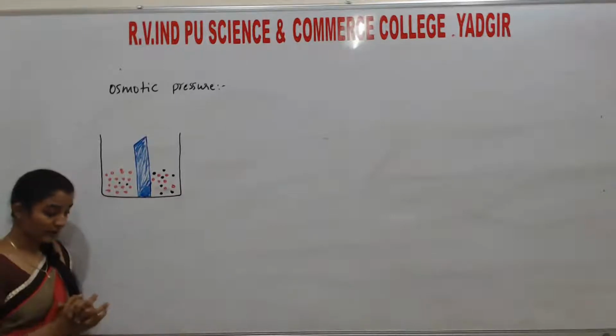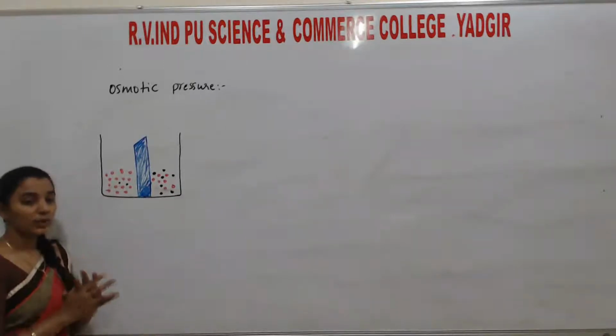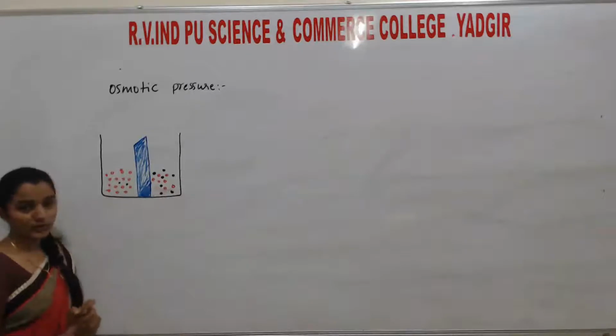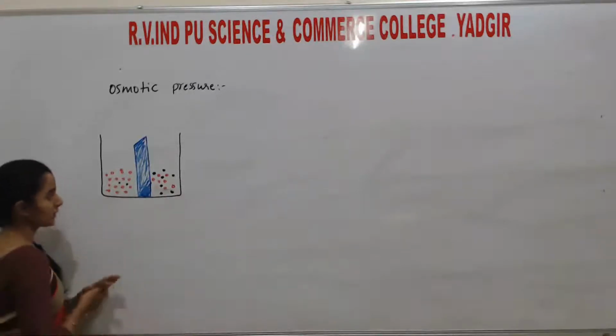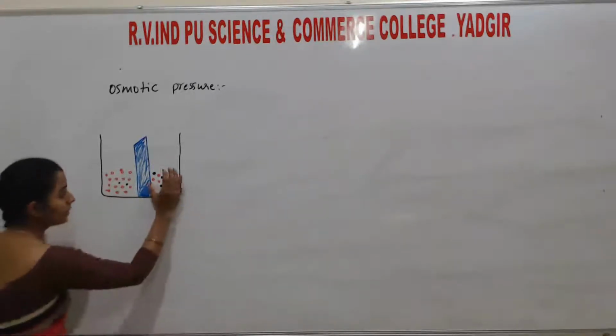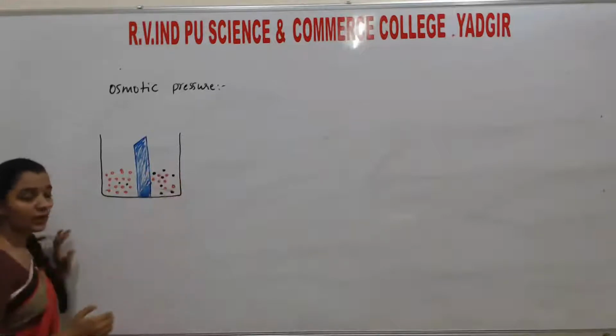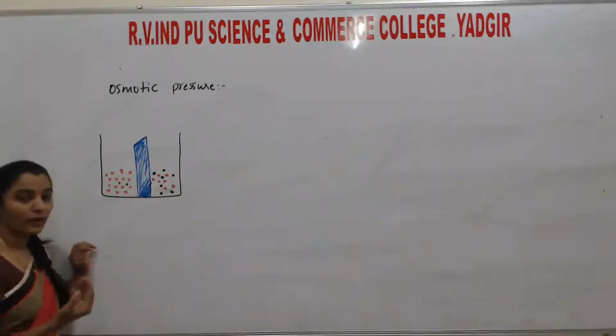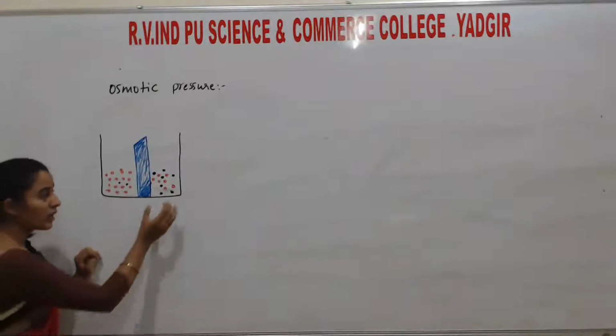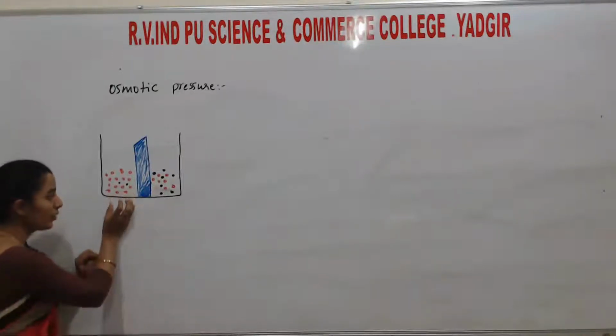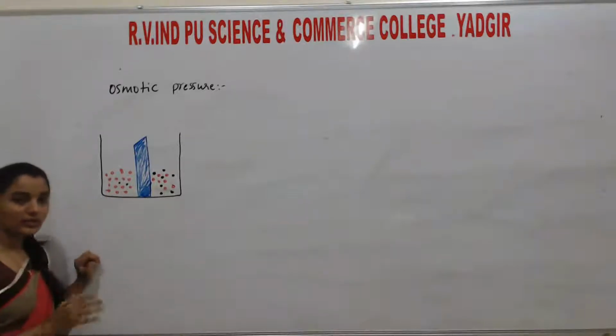So what is osmotic pressure, and what is this process called? First, listen. The concentration is always based on the number of solute particles. If the number of solute particles is more, then the concentration is more. If the solute particles are less, then the concentration is less.